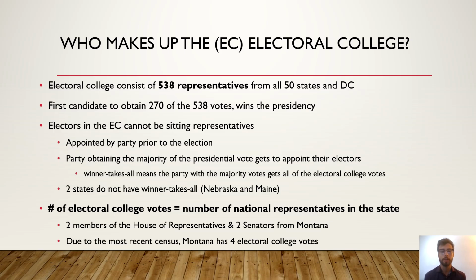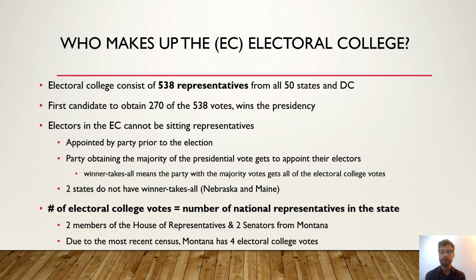So the Electoral College consists of 538 representatives from all 50 states and additional representatives for Washington, D.C. So that is why it's not exactly equal to what you would get if you did the math regarding the number of House representatives and senators, as we have 3 additional Electoral College votes for Washington, D.C. So the number of Electoral College votes is equal to the number of national representatives in the state.